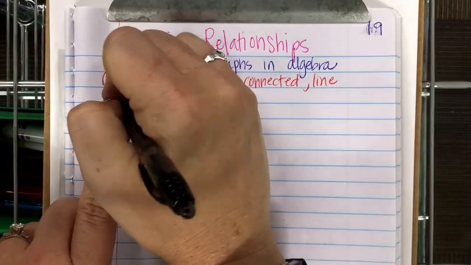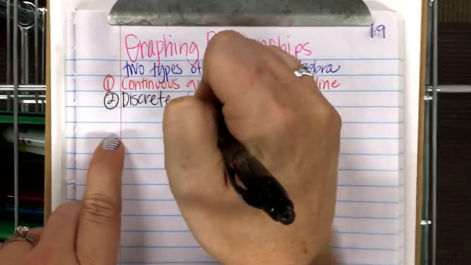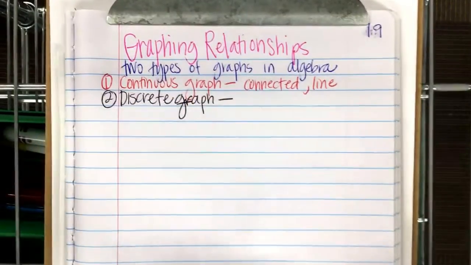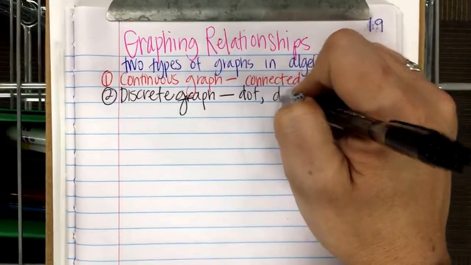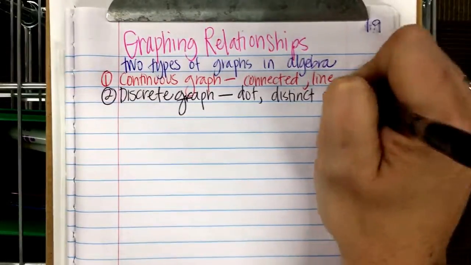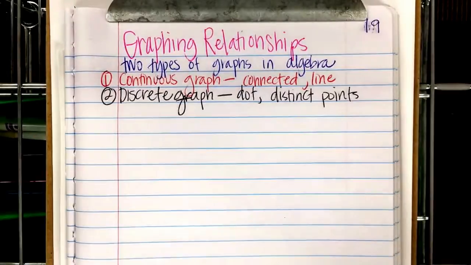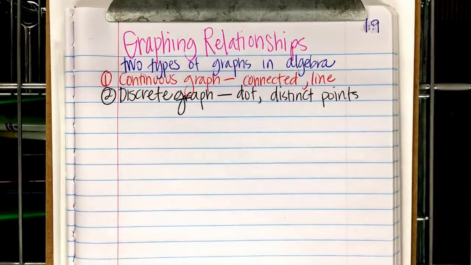The second type is called a discrete graph. A discrete graph is a dot graph. It's made up of distinct points.